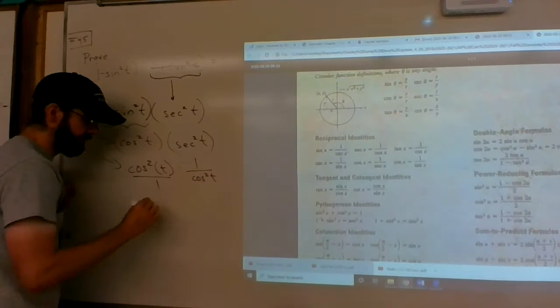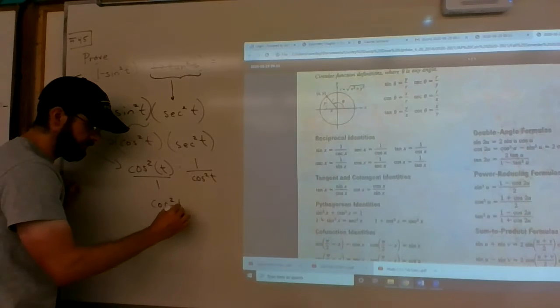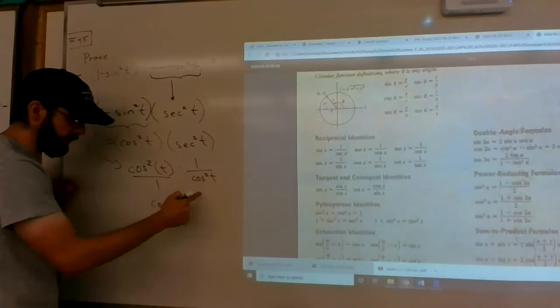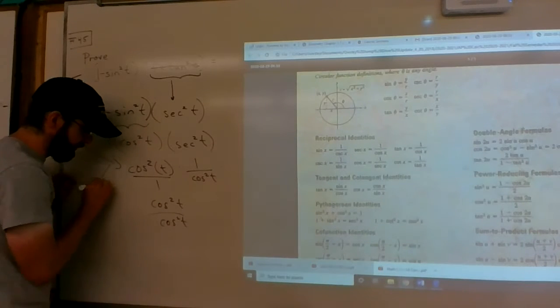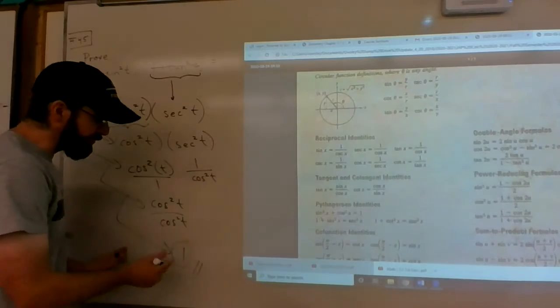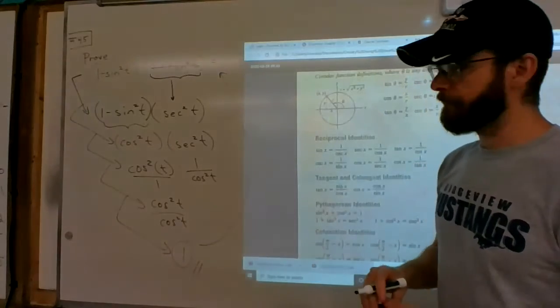That works out. And then at that point, you can say that this is cosine squared over 1 times 1 over cosine squared, which becomes this, which equals 1. That's pretty thorough algebraically when you show all of those steps.